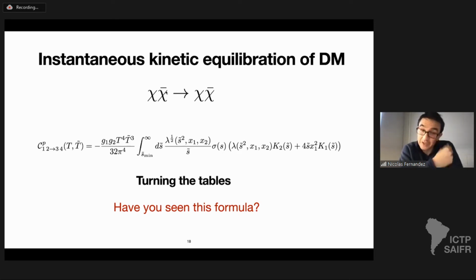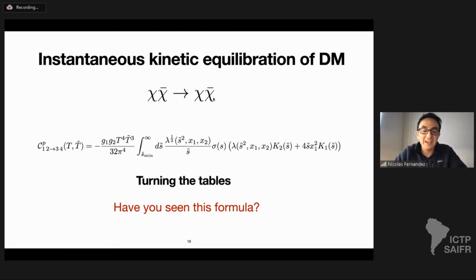So for calculating a collision term of T1 and T2 going to T1 and T2, I have never seen an equation that was compact. But I discovered this equation. I don't know if you have seen it before. I would be very surprised if you haven't, because I have looked for this and haven't found it yet.